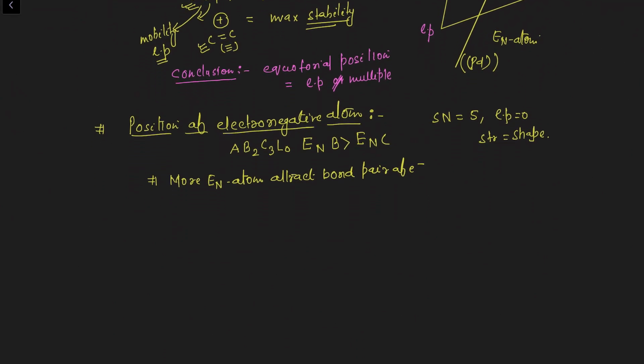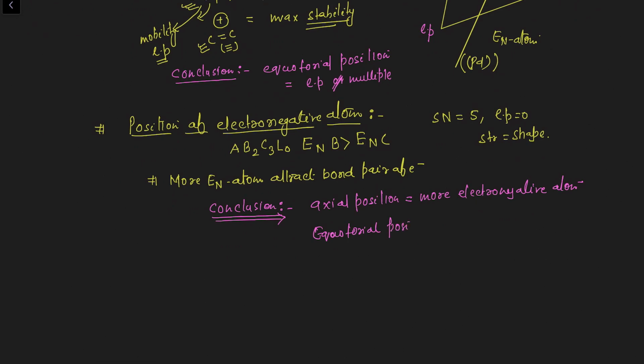The conclusion is that whenever you have two different electronegative atoms in an AB2C3 or AB5 type of molecule whose hybridization is sp3d, then the axial position is always occupied by the more electronegative atom, and the equatorial position is always occupied by the lone pair of electrons or multiple bond and the less electronegative atom.